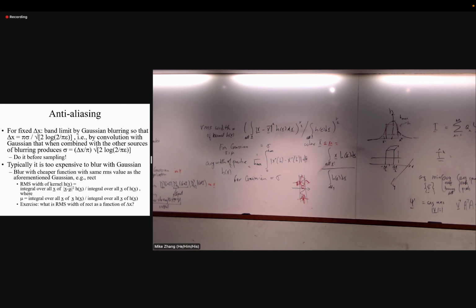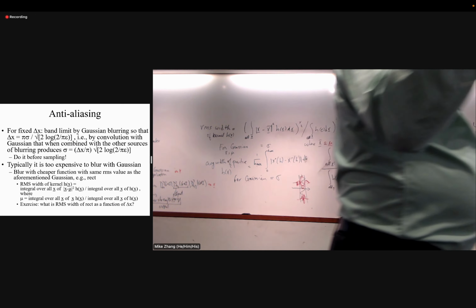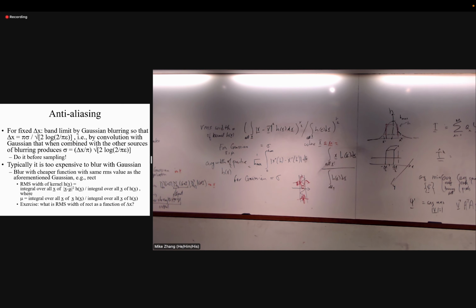But the problem is that when we apply a computed H on top of something that has white noise, it changes the color of the noise. That is to say, it makes the values of the noise at different positions correlated.